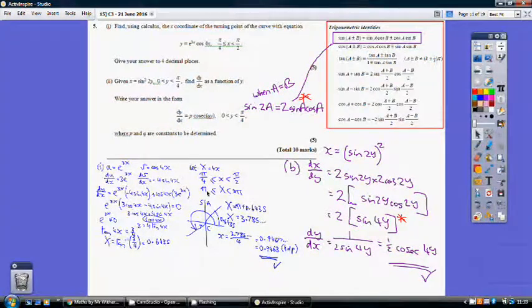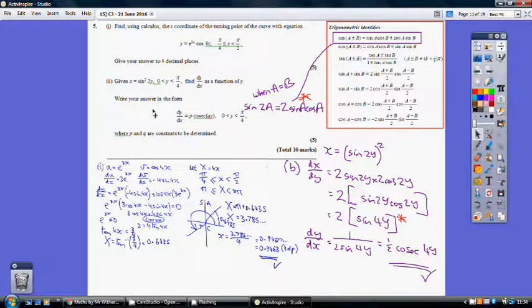Now that's obviously not within our criteria. Our solution that we're picking up is this one round here, which is pi plus 0.6435, which is 3.785. So converting this back to lowercase x by dividing by 4, we get our single solution, our answer being 0.9463 to 4 decimal places.